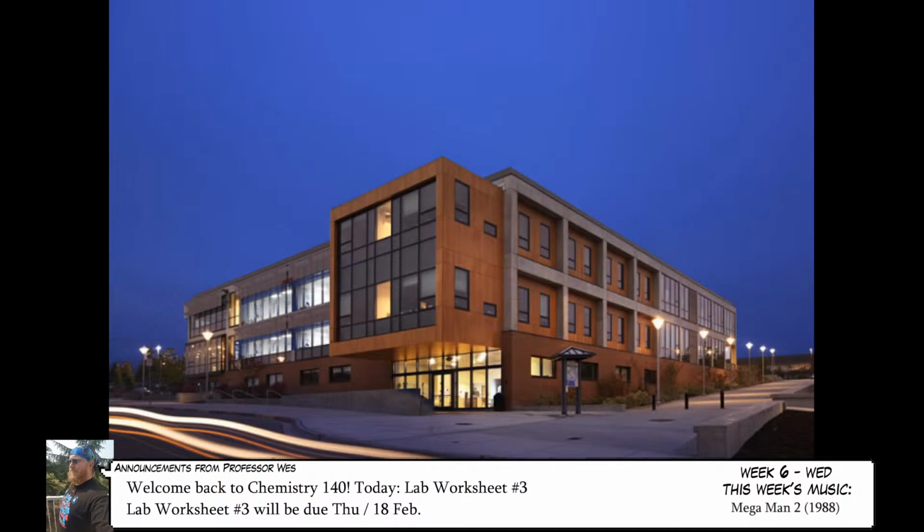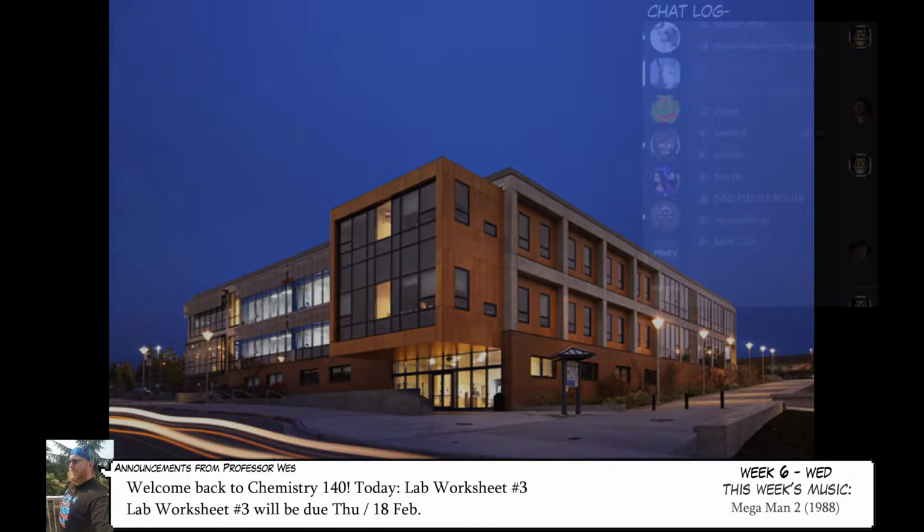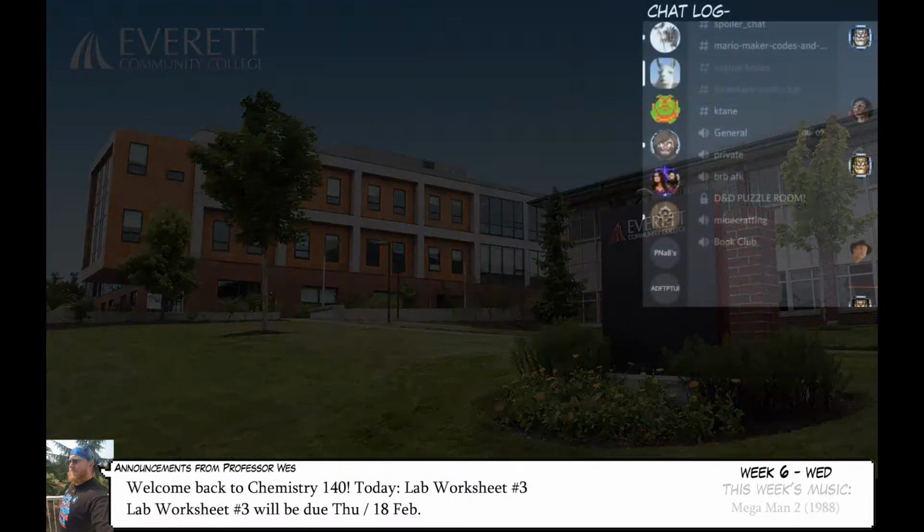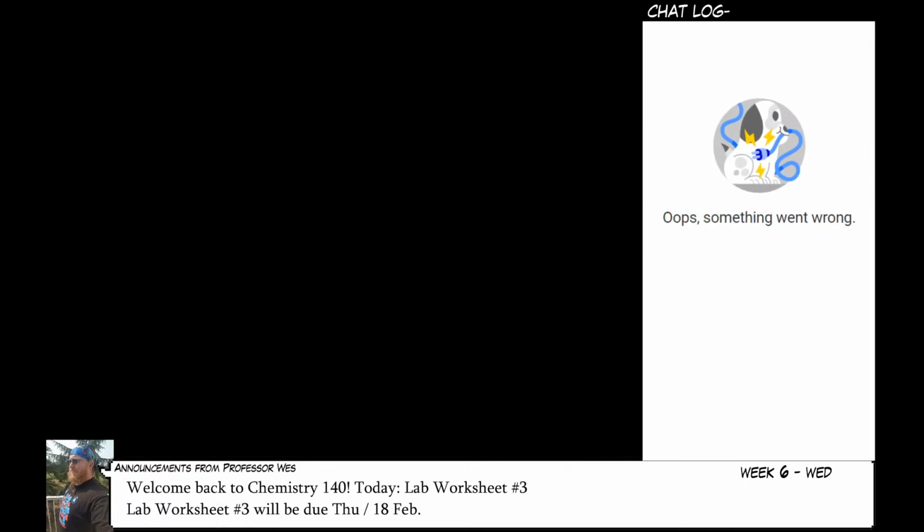I'm not really sure what's going on with the chat. Let me just try this again. This is what happens when I try and pop out the chat. That's not the chat. Hold on, I captured the wrong thing there. That's my Discord window. This is what I get, and for some reason, that's what I get every time.